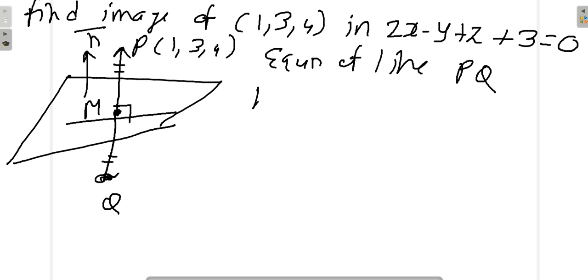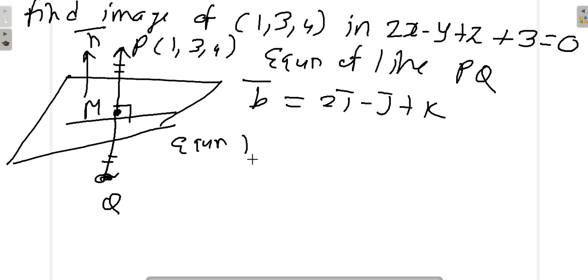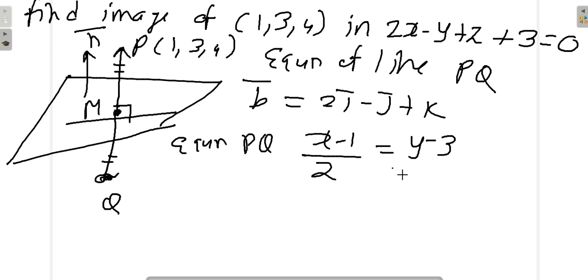So in our regular method, the parallel vector is this, and the point is (1, 3, 4). So what is the equation of PQ? (x minus 1) upon 2, (y minus 3) upon minus 1, (z minus 4) upon 1 equal to lambda.